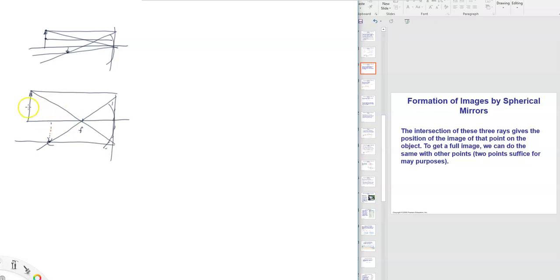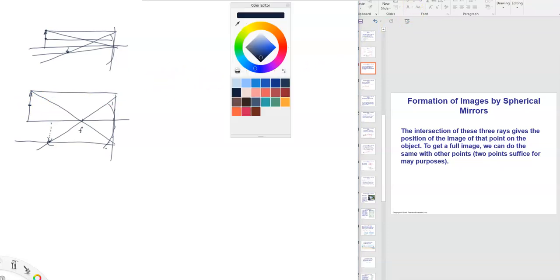Now if you take another point like this over here, let's take a different color. Here's another parallel ray, again it reflects through F, and here's one that goes through F and reflects parallel.